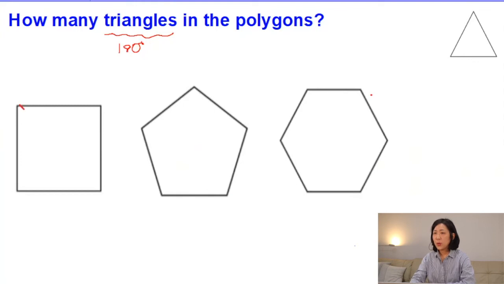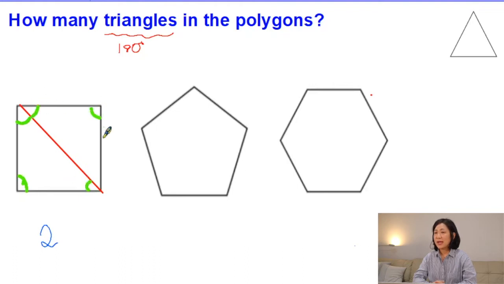First of all, look at the square. Let's begin with one vertex. Then we can see that the square has two triangles. Then I'm going to mark all the interior angles of the triangles, the first triangle and then the second triangle. Now what did you notice?